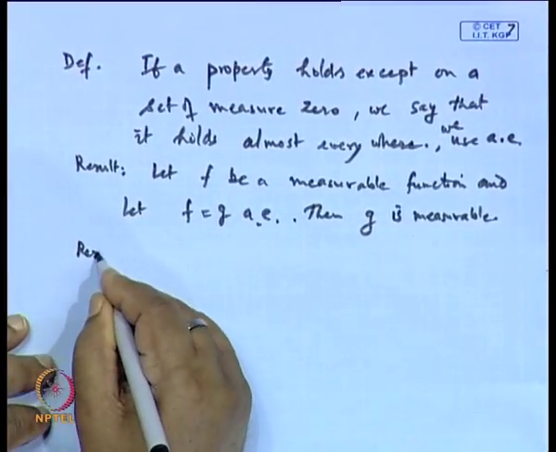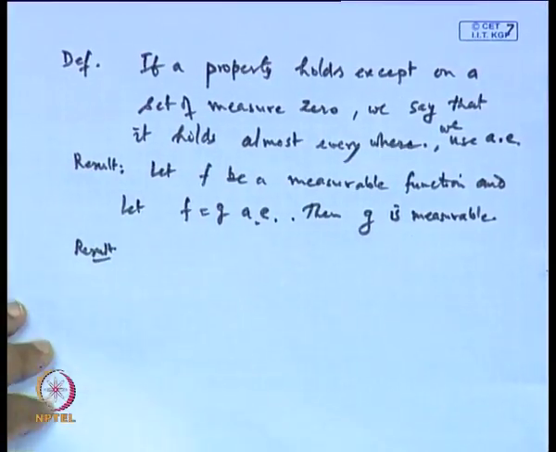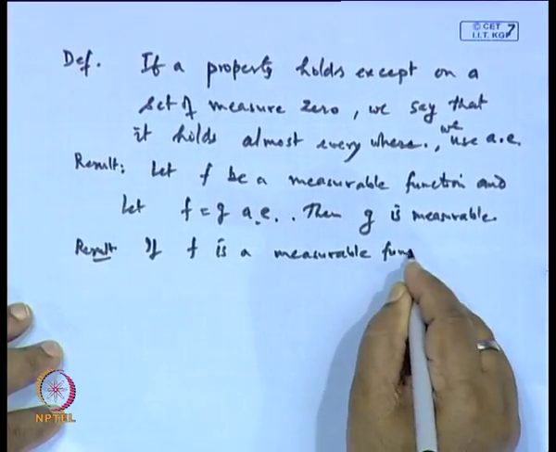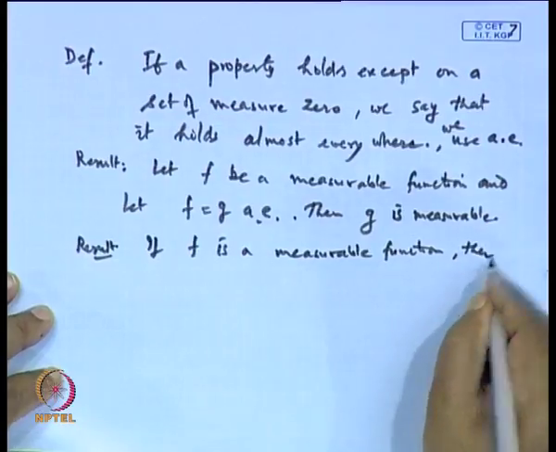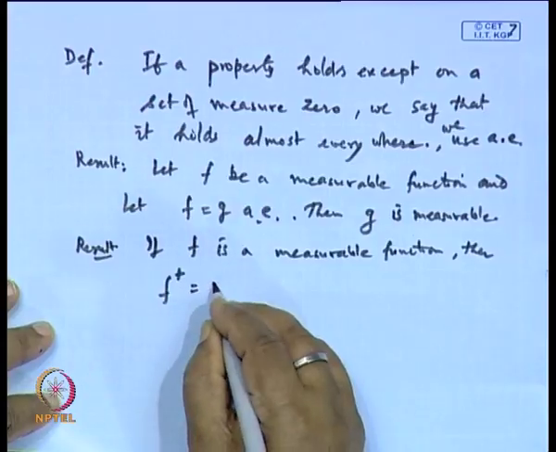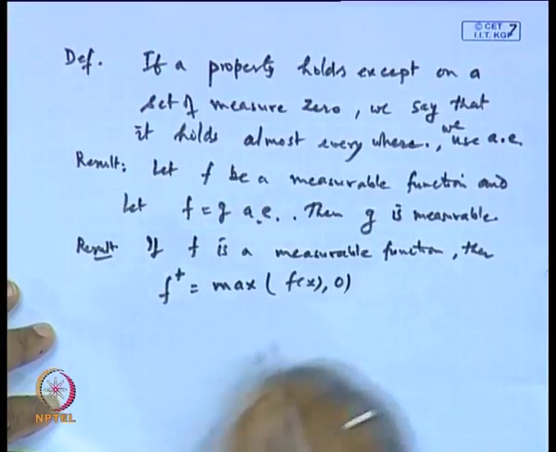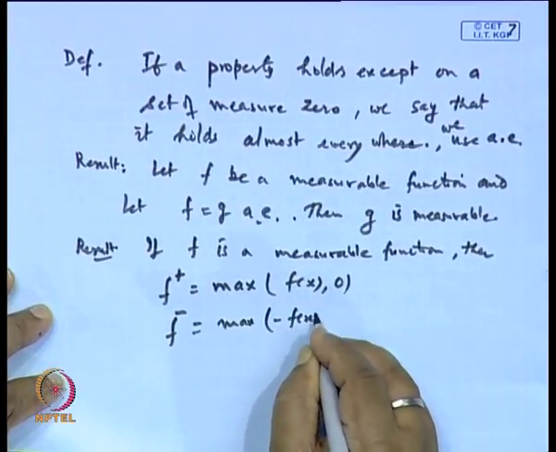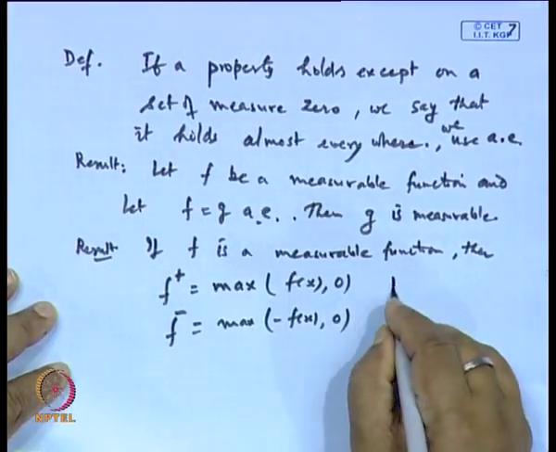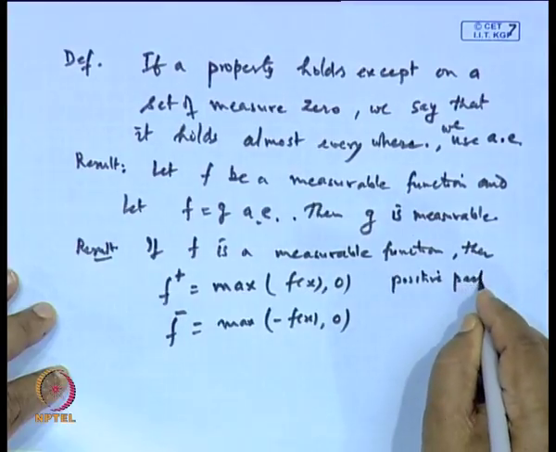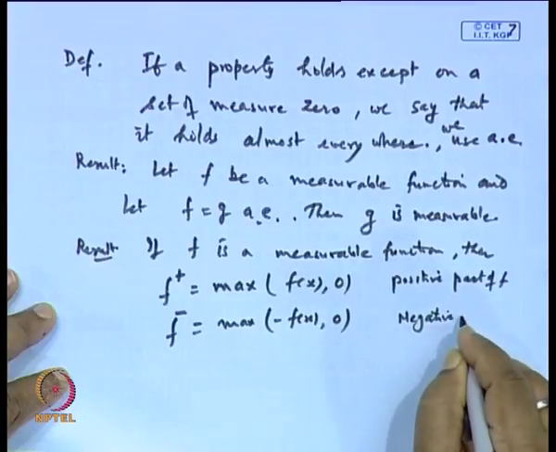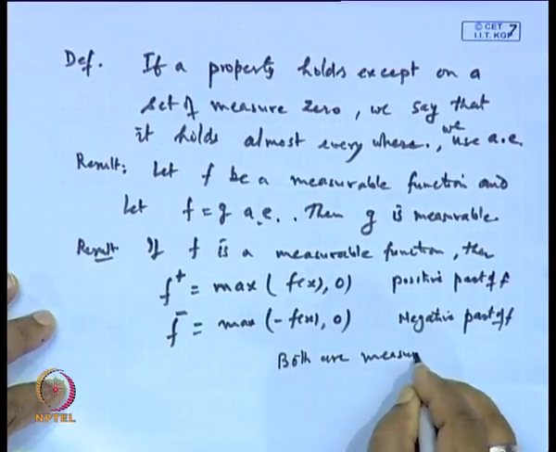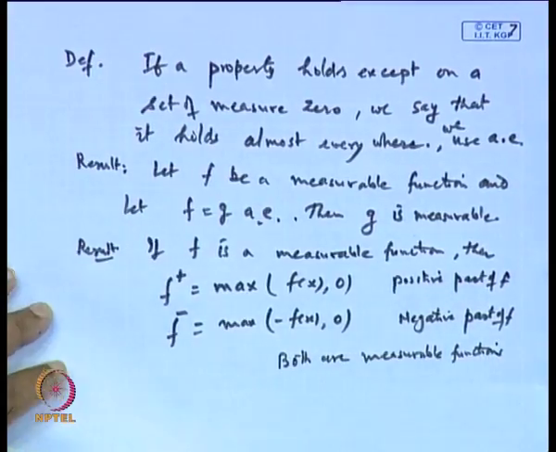Then another result which we need also. Suppose f is a measurable function, then the positive part of f, which we denote by f plus, is the maximum of f x and 0, and the negative part, which is denoted f minus, is the maximum of minus f x and 0. Both the positive and negative parts of f are measurable functions.